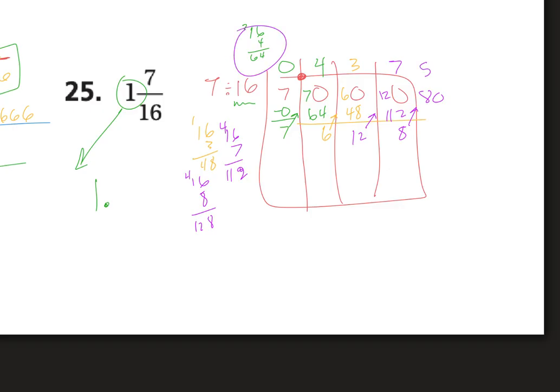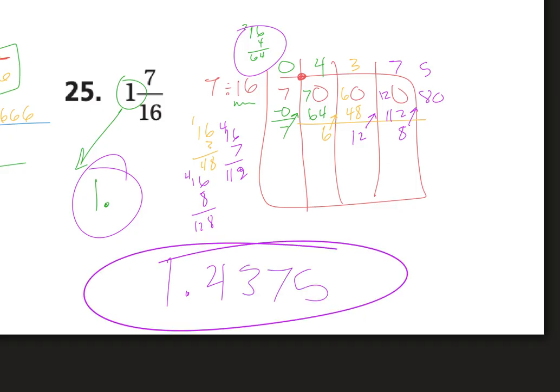Because there's 16 times 4, and you get 64. If we were to add 16 to that, we get 80. So the answer is not this. It's not that. Why is it not that? Because of our 1.4375. That is our answer there.